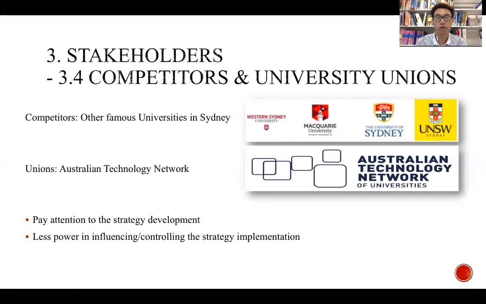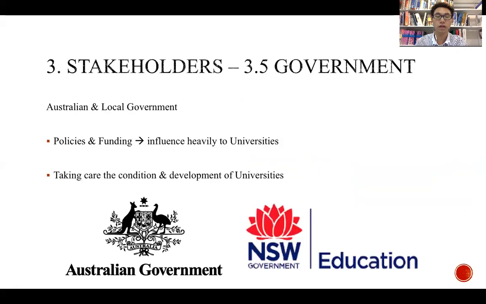So they have low-level power, but high-level attention. Government. Australian and New South Wales government policies and funding are important to universities' strategy development. It means government and regulators have high-level decision-making power, and they also pay a lot of attention to Australian universities' development.